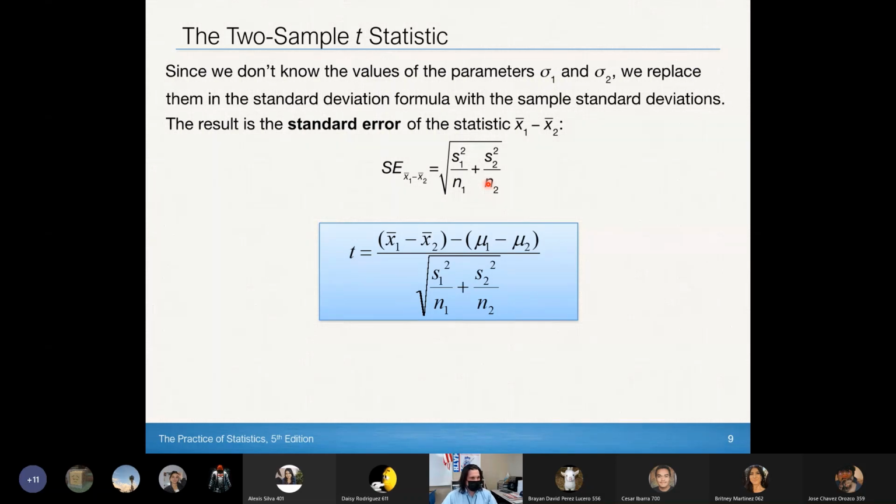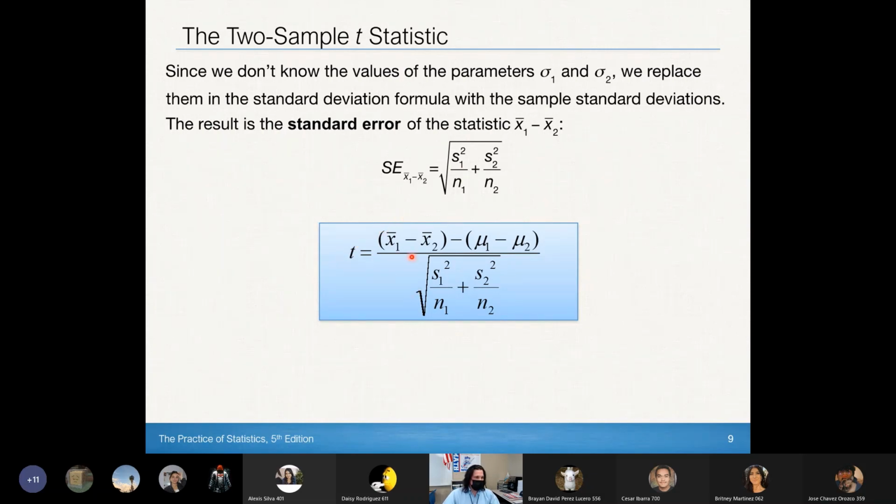And this gets us to the t-statistic, which is in this box here. This is the critical value when constructing a confidence interval, right? And it is the t-value that we'll use when performing a significance test. We use this in both, right?